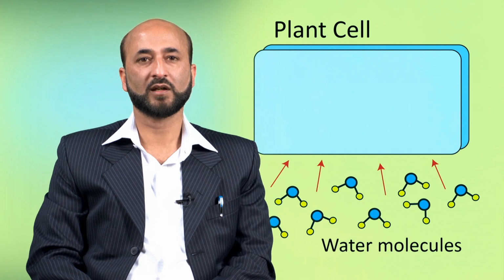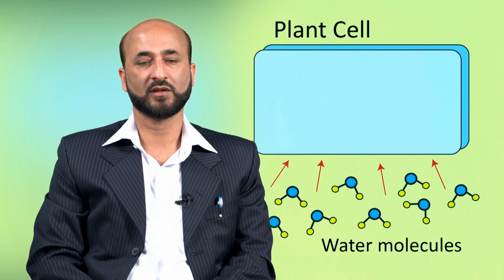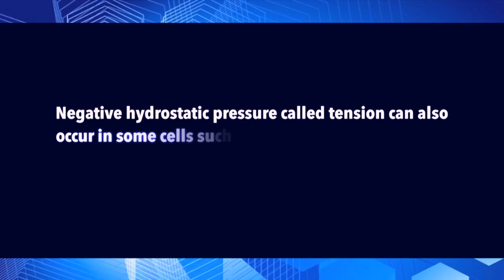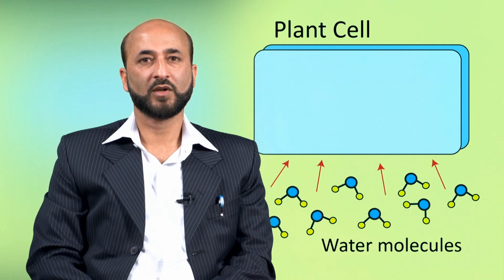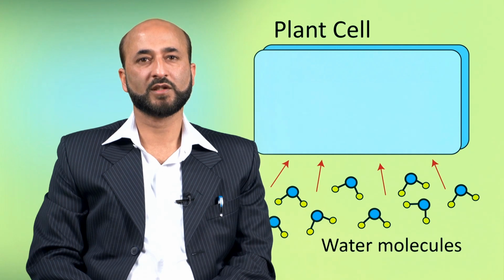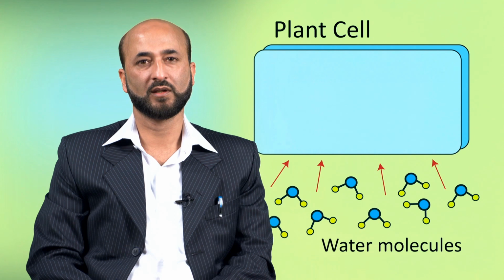Living plant cells are typically assumed to have only positive pressures. However, negative hydrostatic pressure called tension can also occur in some cells such as dead xylem elements and in the walls between cells.